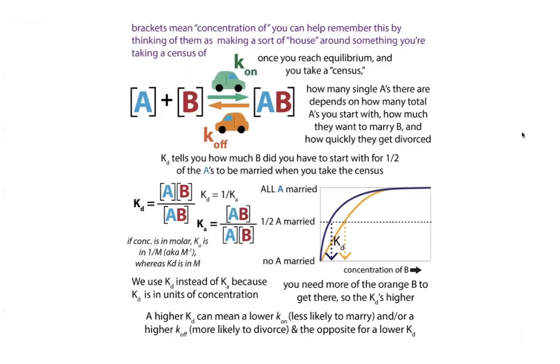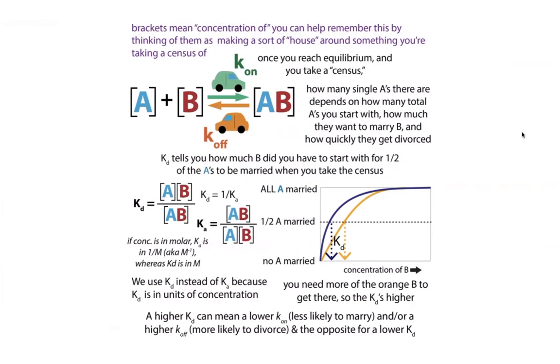So bottom line, KD is a measure of the binding strength, but it's actually an inverse of your binding affinity constant. This means that a lower KD is going to mean a stronger interaction, and a higher KD is going to be a weaker interaction. The strength of the interaction is going to depend on both K on, like your probability of binding, and your K off, or your probability of unbinding.